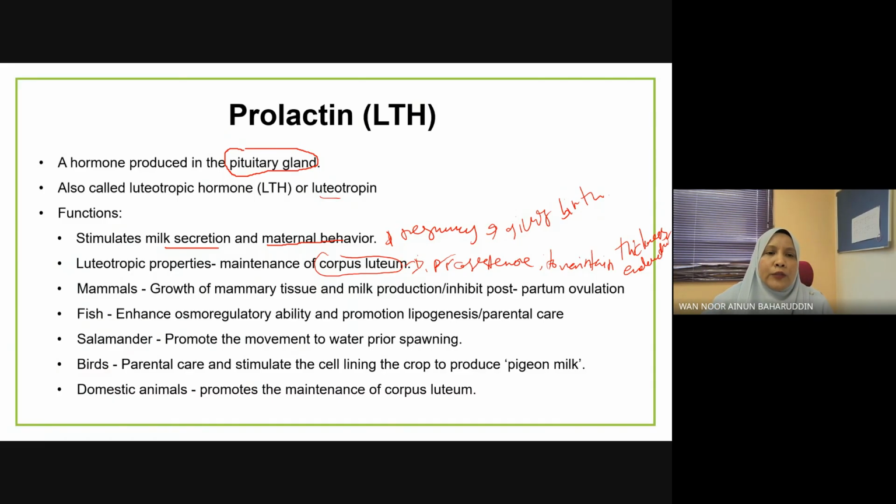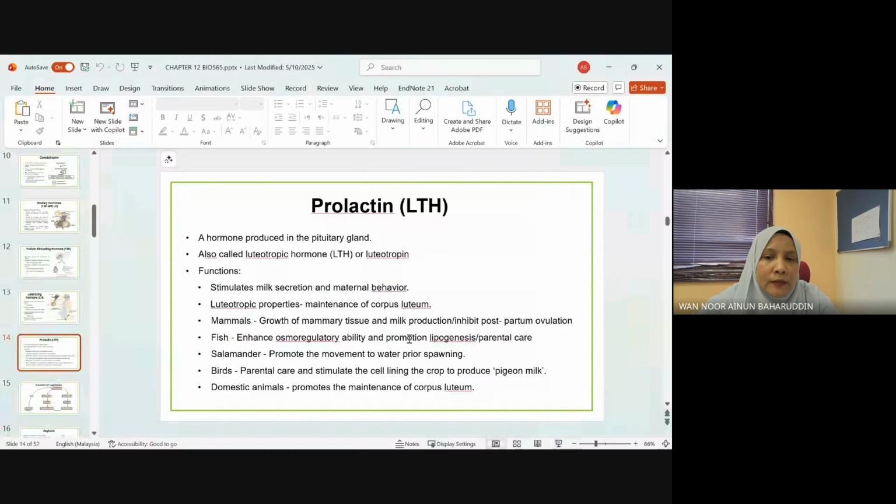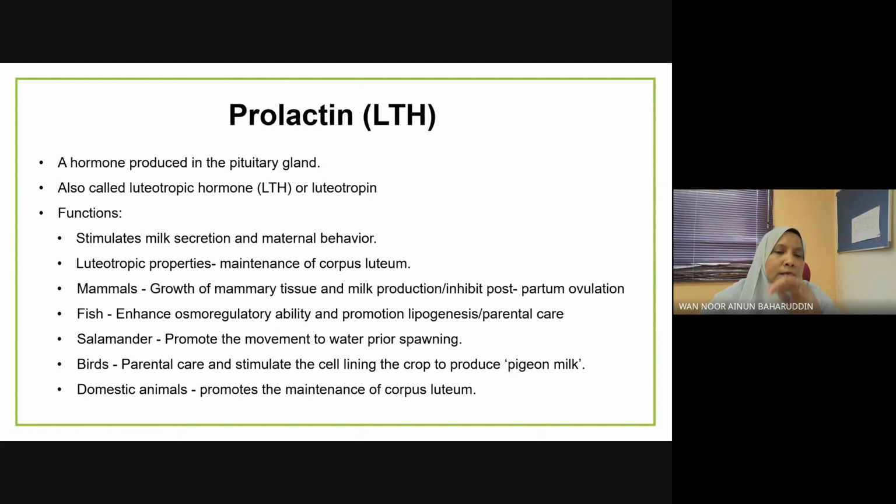Okay, so there are different kinds of this LTH inside the mammals, fish, salamander, birds, and other domestic animals. What are the differences there? For mammals, prolactin akan menyebabkan growth of mammary tissue and milk production.